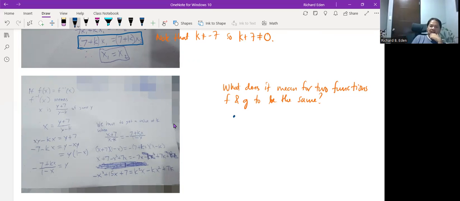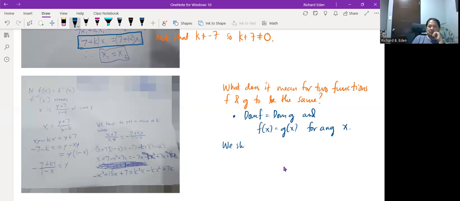Yeah. All right. The domain of f and of g are the same. And f of x is equal to g of x for any x. So meaning you can replace x by anything and the equation should still be true.